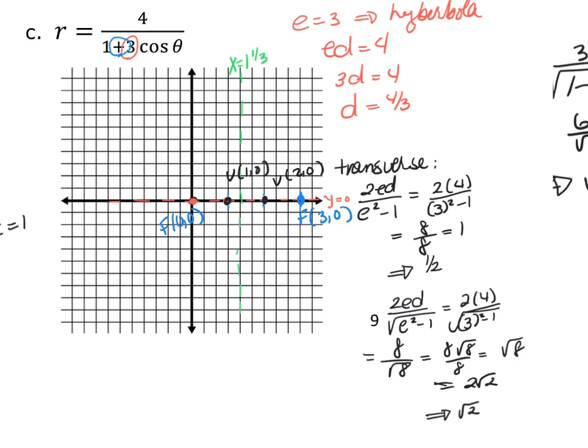And remember, when I'm doing a hyperbola, I'm going to do a box. My center is halfway between these two, so here's where my center is. And I'm going to draw my box. So in each direction, I'm going to go 1/2 in the x. In each direction in the y, I'm going to go a little bit more than 1 because it's a square root of 2.